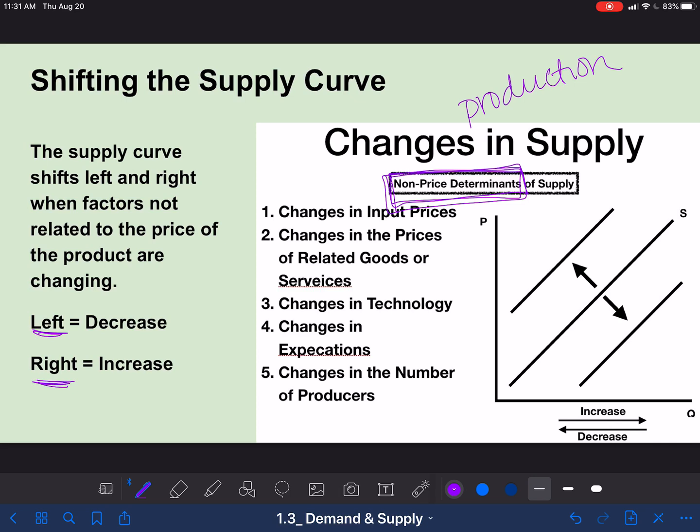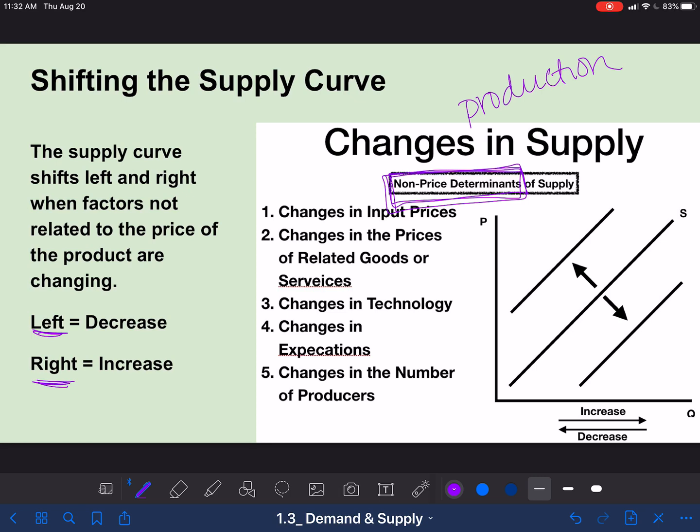Changes in expectations, so as suppliers, we also look at expectations for production. If we had better warning about the pandemic, maybe we would have had an increase in supply of disinfecting wipes. We also look at the purchase of excess stock of things and changes in expectations. And then also changes in the number of producers will impact supply.